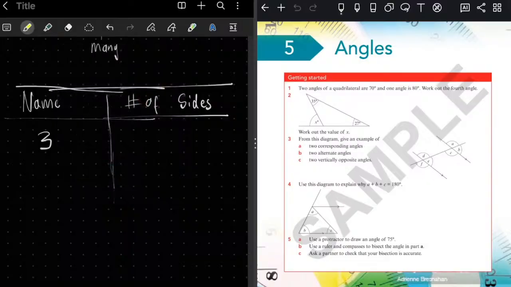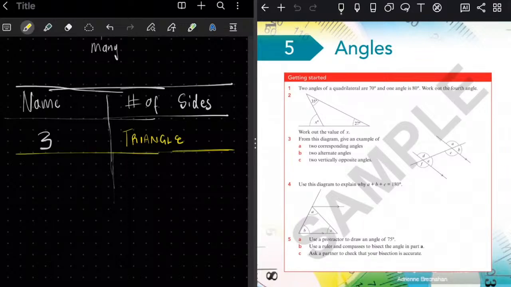And the name of a polygon with 3 sides is a triangle. The word polygon means shape with many sides. Any polygon that has 3 sides is a triangle.